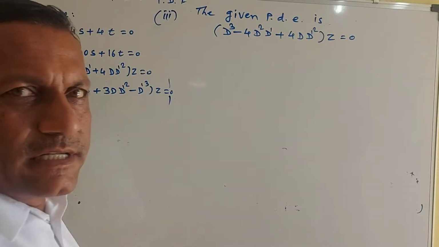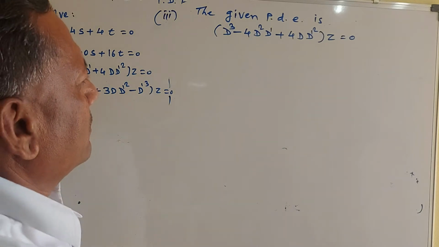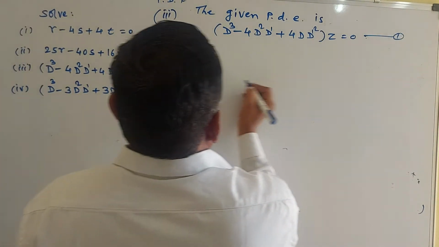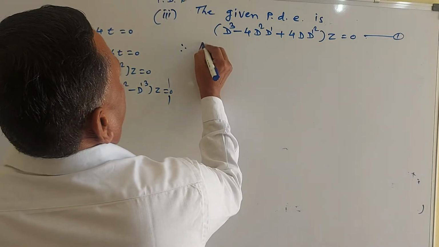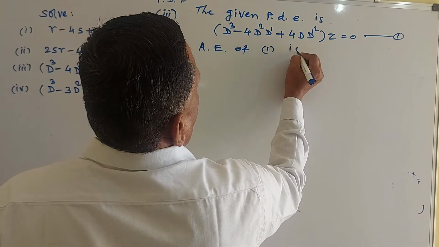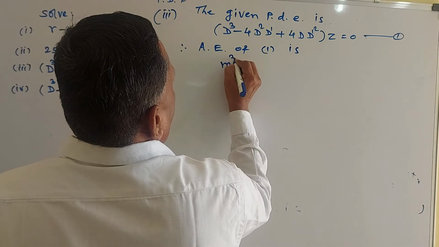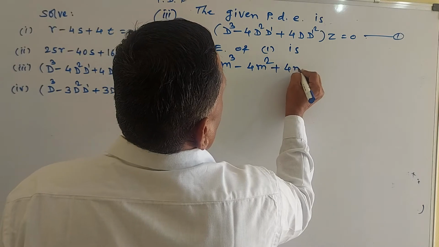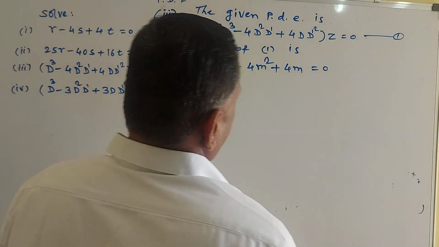The given partial differential equation is already written in symbolic form. Therefore, you can write the auxiliary equation. Auxiliary equation of 1 is m cube minus 4m square plus 4m is equal to 0.